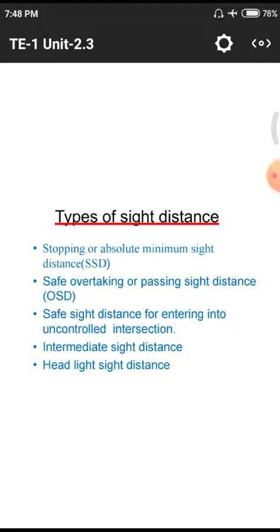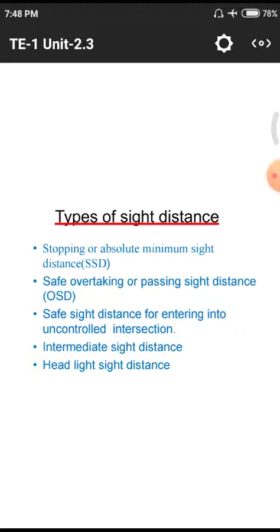The intermediate sight distance means while we have to take particular intermediate positions on crossings. Next one is the headlight sight distance. In the name itself we know the meaning. While we are traveling at night time, the headlight directly focuses onto our eyes.